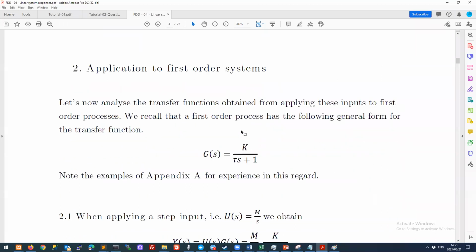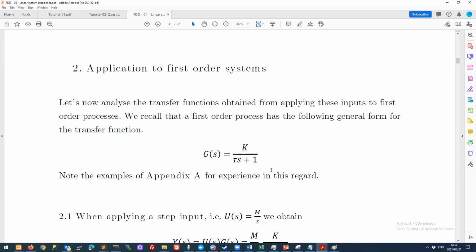So we want to apply all that into a first order system. And now remember what we said earlier. We said we can do our material and energy balances, and they have their special meaning to us. But by the end of the day, from the perspective of a controller, it doesn't care about whether it's a material balance or whether it's temperature or something else. It just wants to know, is this a first order system? And from tutorial 1, you'll have seen that many of our systems are first order systems.